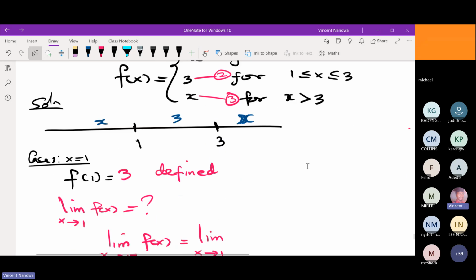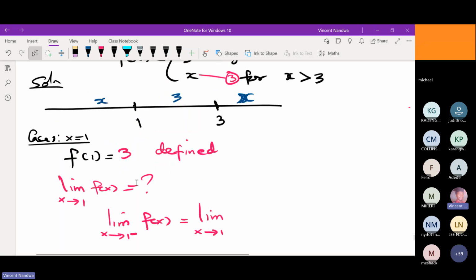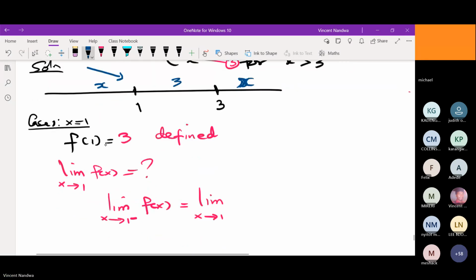So when you say the limit of f of x as x approaches 1 from the left, it means that you are approaching 1 from this side, which means that f of x will be x. So we'll have x. And what will be the limit as x approaches 1 of x?